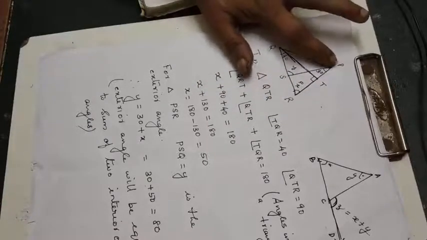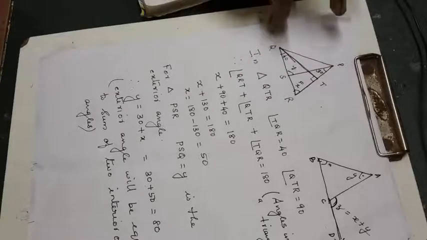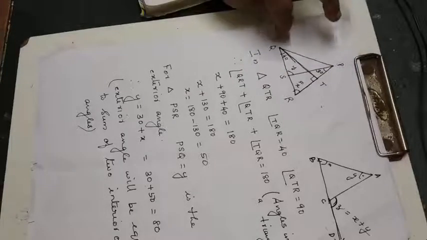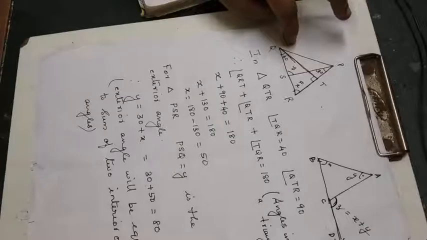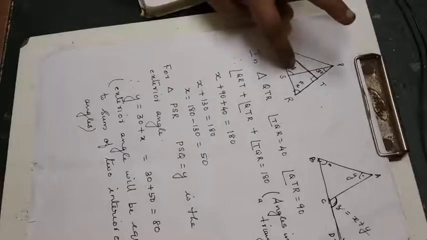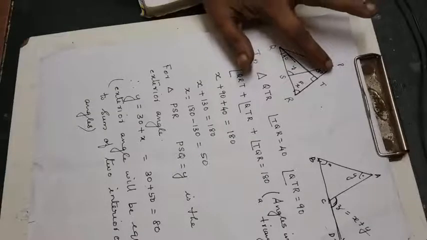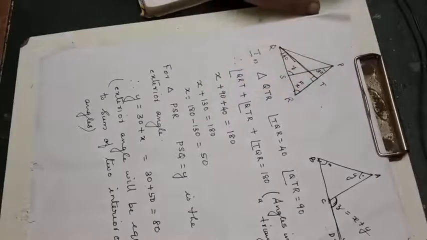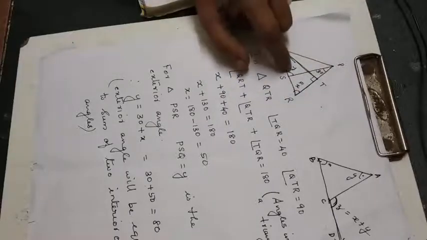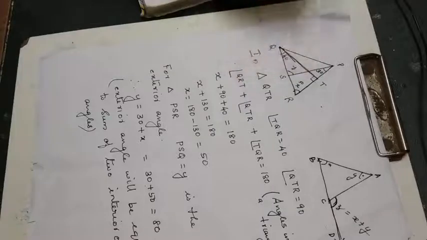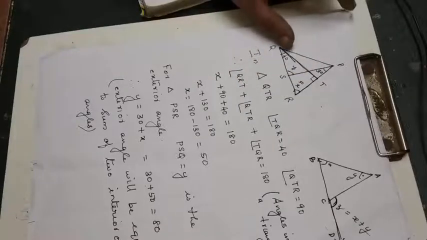For the triangle PSR, PSQ is the exterior angle. So that exterior angle will be the sum of the two interior opposite angles. So Y will be equal to 50 plus 30, that is equal to 80.